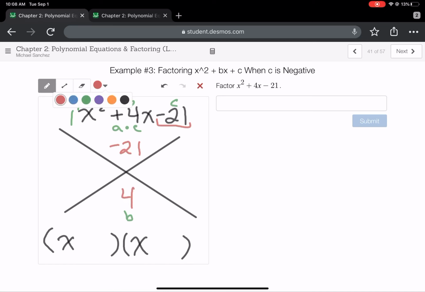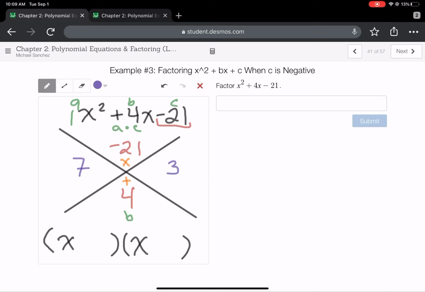All right. So then now we're looking for two numbers that multiply to negative 21 and add to positive 4. Okay, so we're going to do the same thing. We're going to try to figure out two numbers that multiply to give me 21. So I think of 7 times 3. Now, 7 times 3 doesn't give me a negative 21.